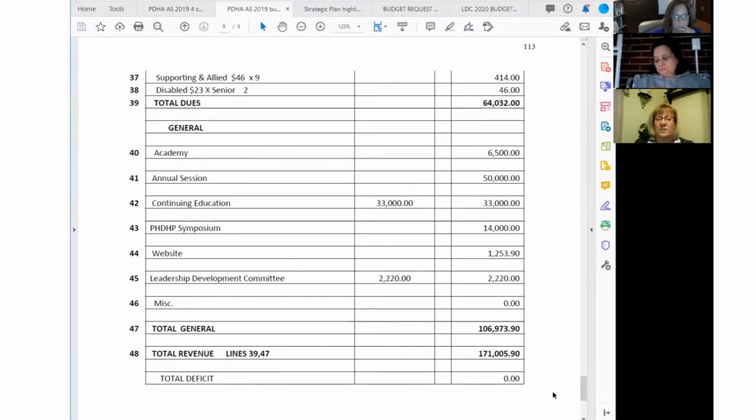So we need to have the budget request forms that give us a proposed document of what you are going to accomplish for the following year, as well as the monies that you feel are going to be needed for that. How we do that is by utilizing the strategic plan.